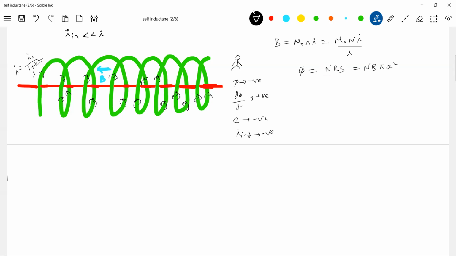So what should be the direction of induced current now? Actual current is flowing like this. This is the direction of actual current.